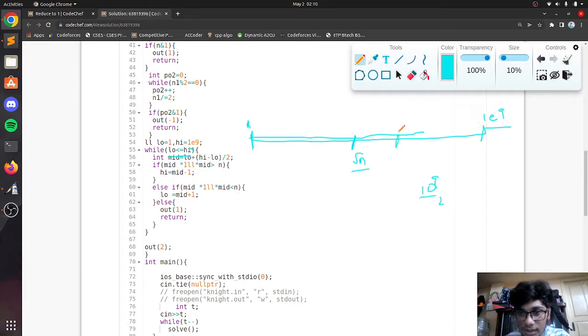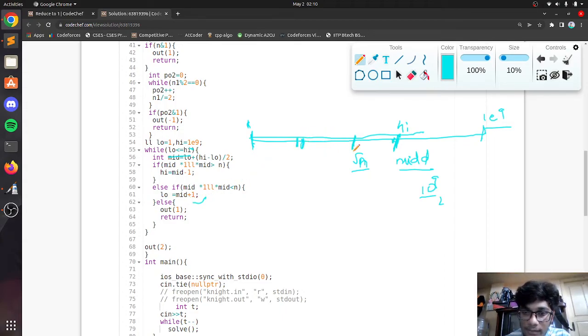Suppose mid is here, and now mid into mid is greater than n, right? So high will be changed to here, to mid minus 1. And suppose again the mid comes here, and low equals mid plus 1, and the low will move here.